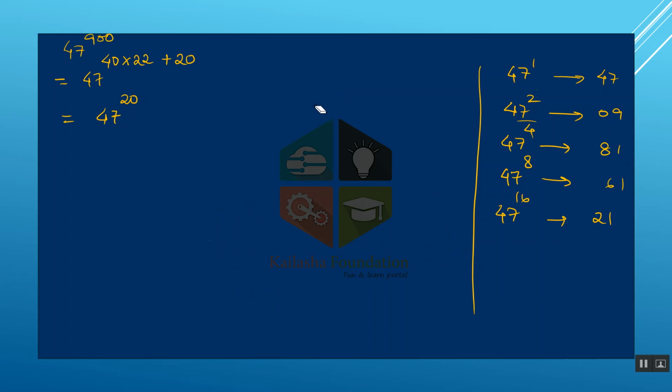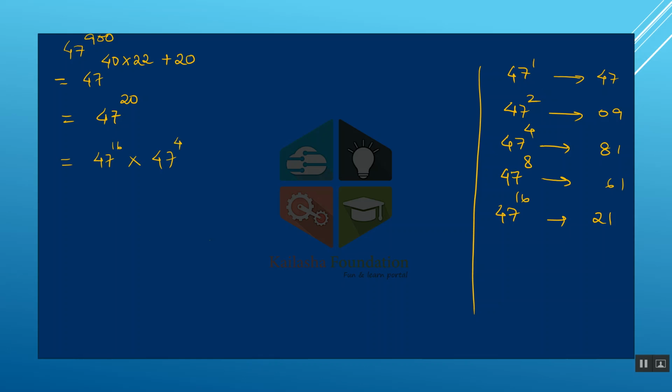It may look to you as a lengthy process, but as I am explaining it to you for the first time, that's why it is lengthy. When you are acquainted well with this process, then it is very easy and very quick. There are many ways, but I love this one. So 47 raised to the power 20 can be written as 47 raised to the power 16 times 47 raised to the power 4.